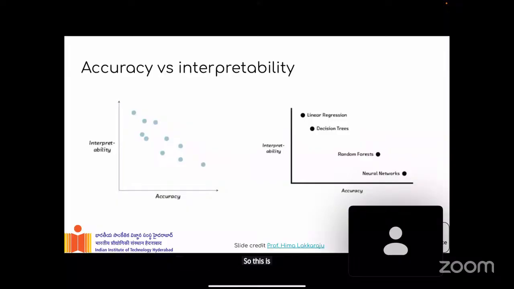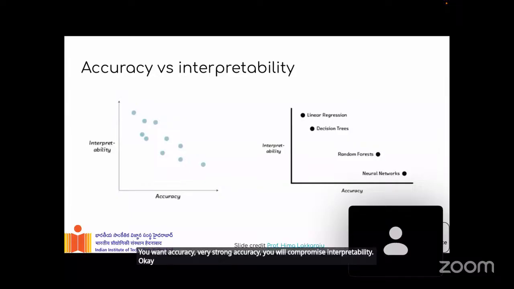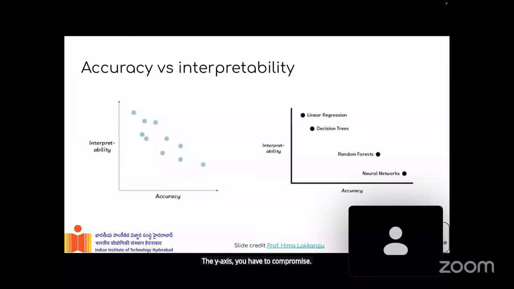So this is the spectrum. Look at the left hand graph. If you want very strong accuracy, you will compromise interpretability. If you want the x-axis to be very large, the y-axis you have to compromise. You have to go for neural networks or random forest complex models.